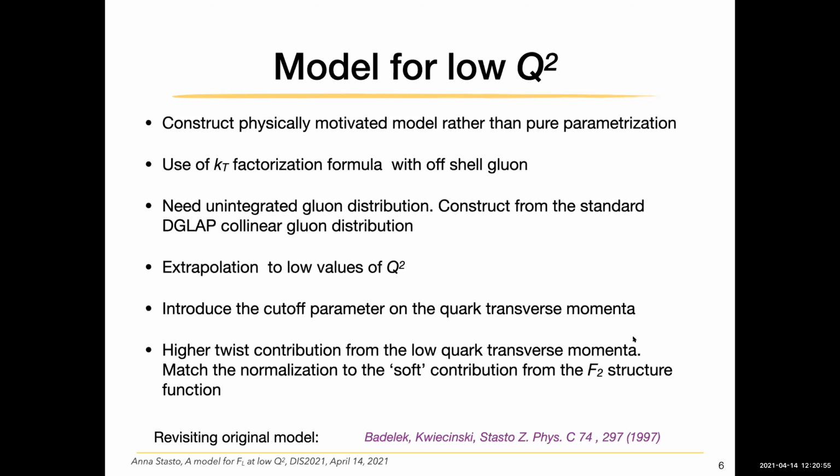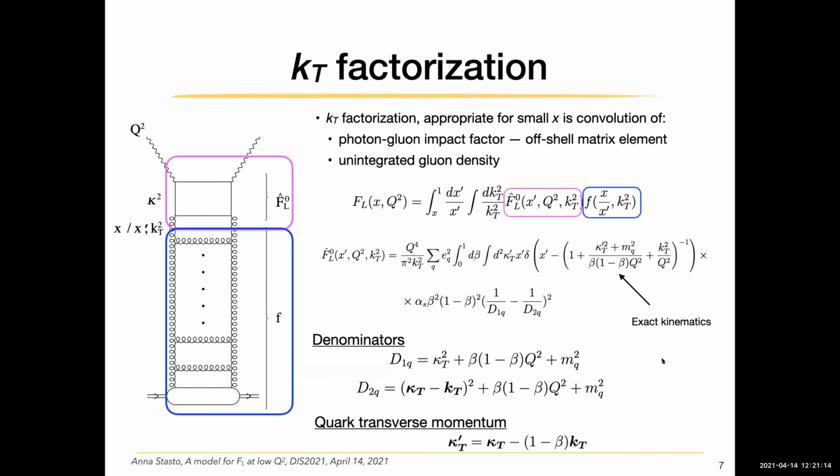The region of low quark transverse momenta becomes a higher twist, and we match this to the soft contribution from the F2 structure function. The original model was published many years ago, and we are looking at how the data have changed and how to improve it. Here you see more details.